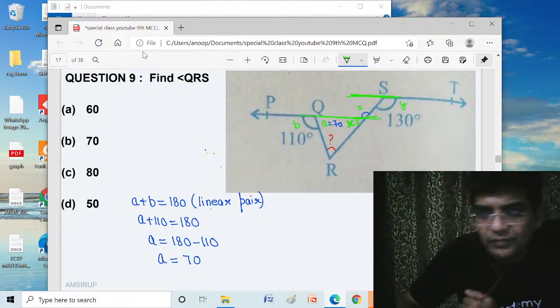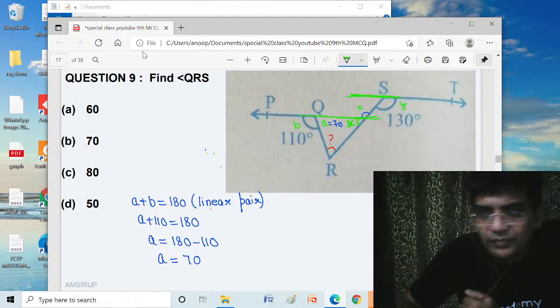Right? So not X, but Z is 130. Okay, now X and Z can be related.